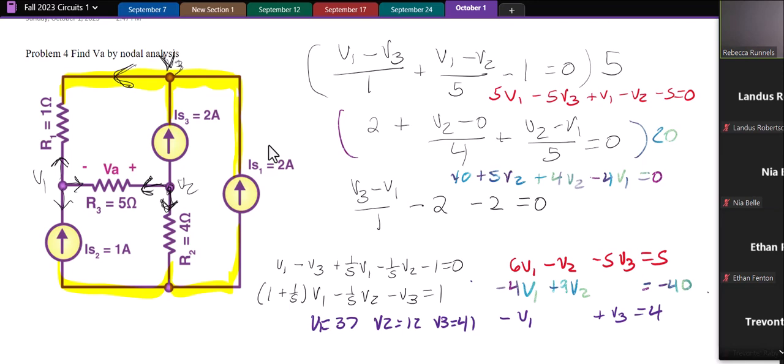So now let's see what they're asking for. They're asking for VA. So VA, I look at VA, so the plus side is on the V2 side. So VA equals V2 minus V1, or 12 minus 37, which is negative 25.